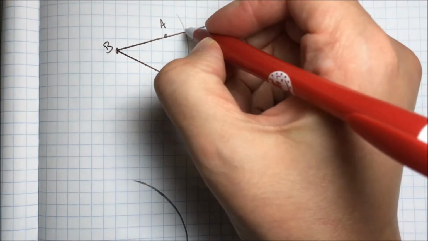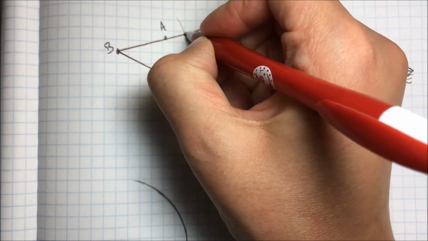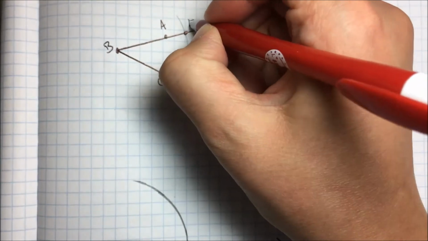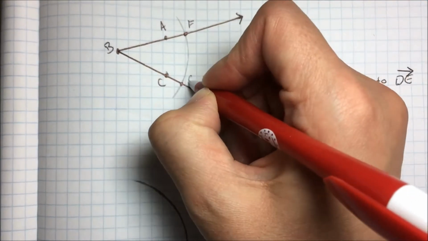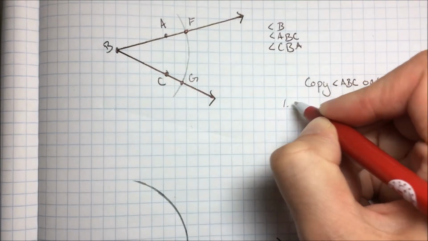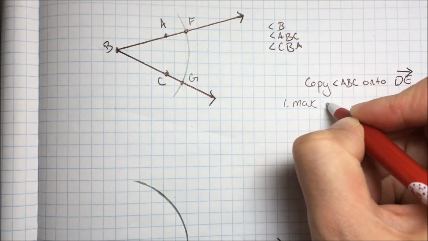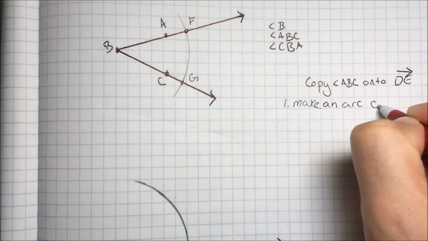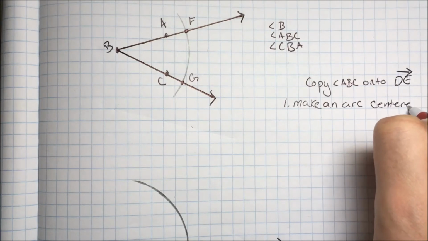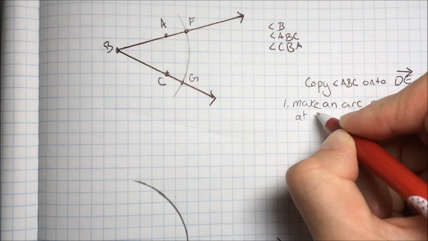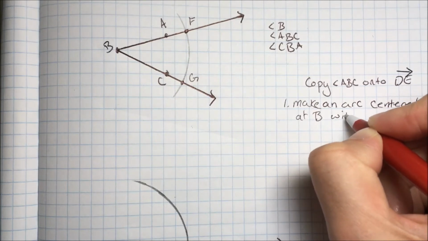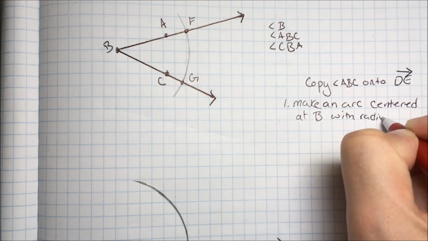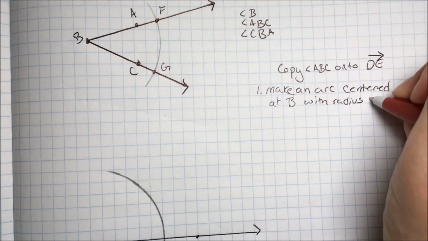Okay. So I'm going to call this point of intersection up here F, and this point of intersection G. So step 1, make an arc centered at B with radius BF.